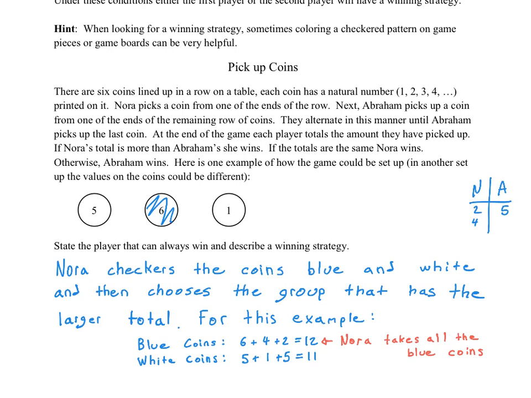Abraham is then forced to take a white coin and takes the 5. And then finally, Nora gets to take the 6, and Abraham finishes off the game taking the 1. And Nora's grand total is, of course, the bigger one as planned out from the beginning.